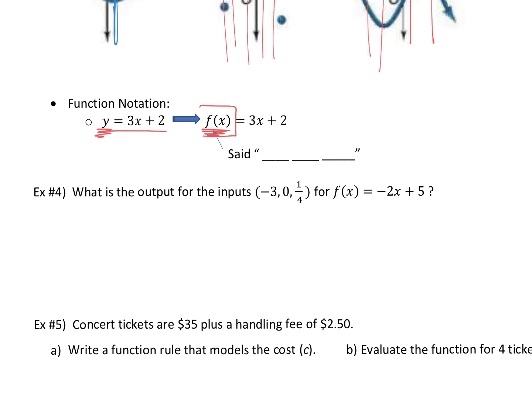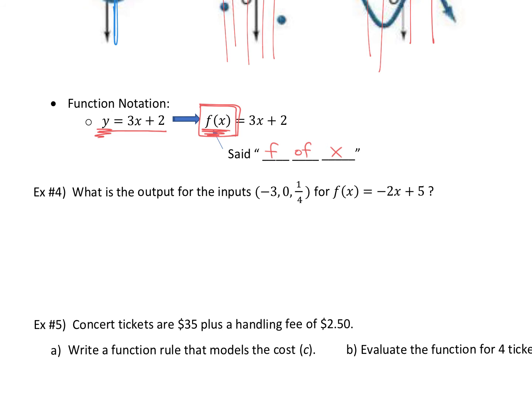So when you see f of X, don't think X. It's not the same as X, it's the same as Y, okay? We say it f of X, the function of X, okay? So what we're saying with that is if I plug in a value of X, what am I going to get out of it? F of X, so the function of whatever.